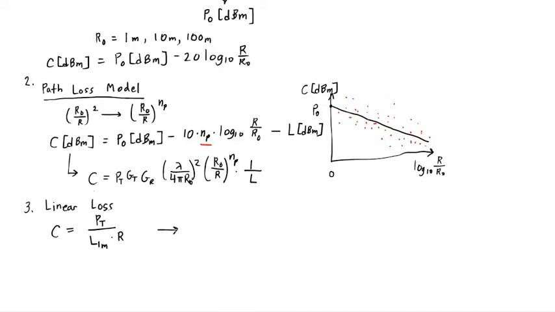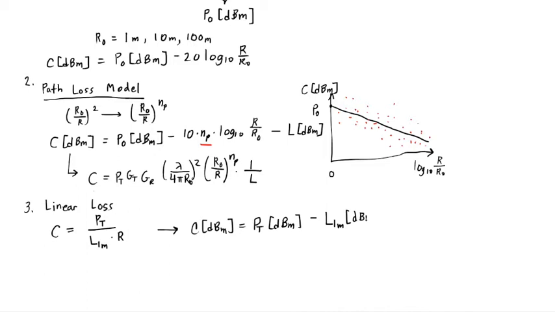Or equivalently, in dB, we'd have the received power in dBm be equal to the transmit power in dBm minus this loss factor.